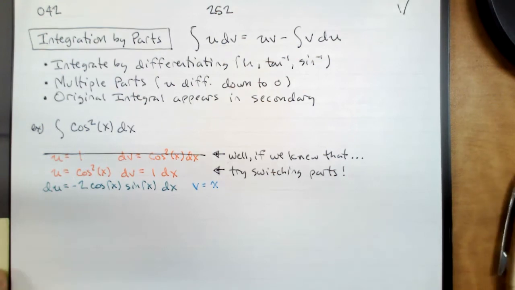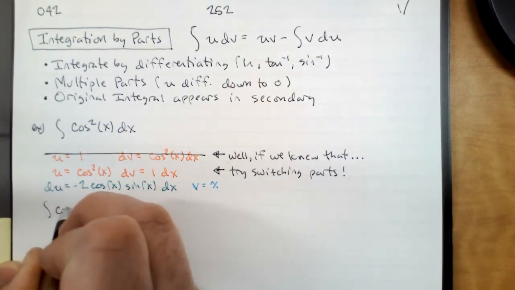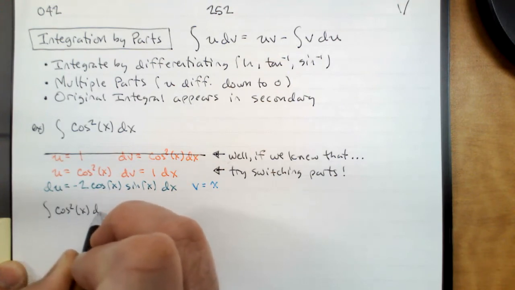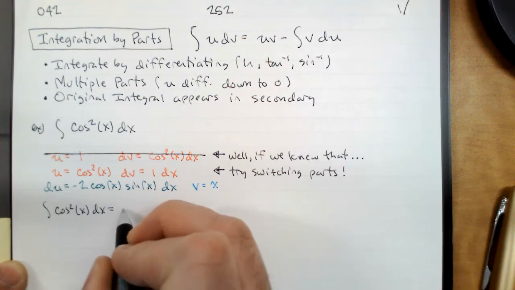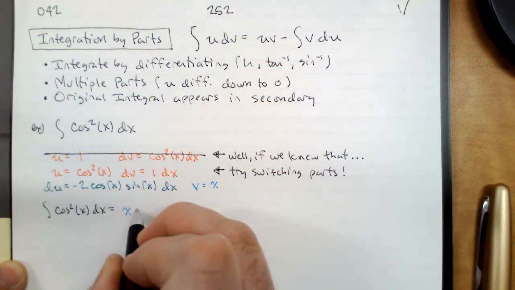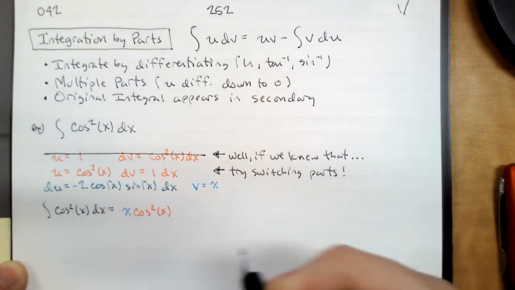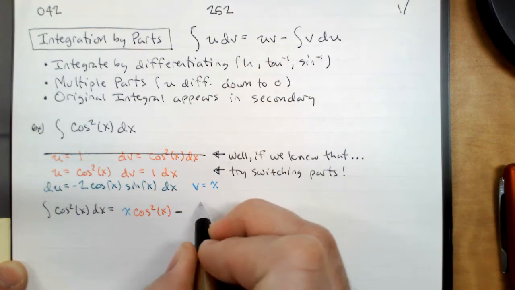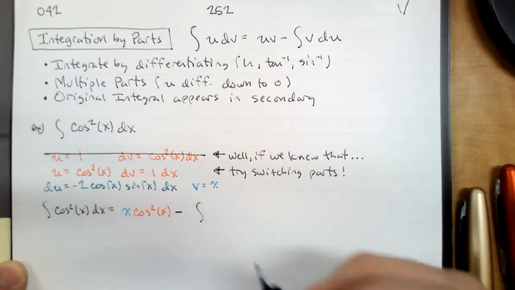Let's take a look at what happens when we write this down. So we end up with the integral of cosine squared x dx is uv. No big deal mixing as factors our algebraic and transcendental functions here, minus the integral of v times du.